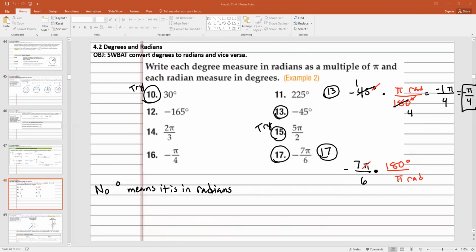So the pi's cancel out, and here we're going to simplify. What number goes into 6 and 180? Actually, 6 goes into 180. 180 divided by 6 is 30, and 6 goes into 6 once. So we have negative 7 times 30.